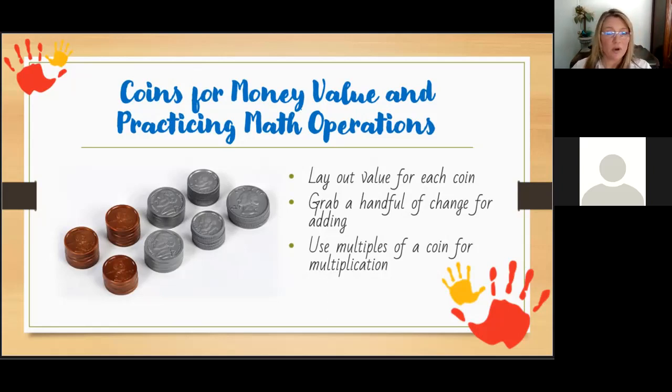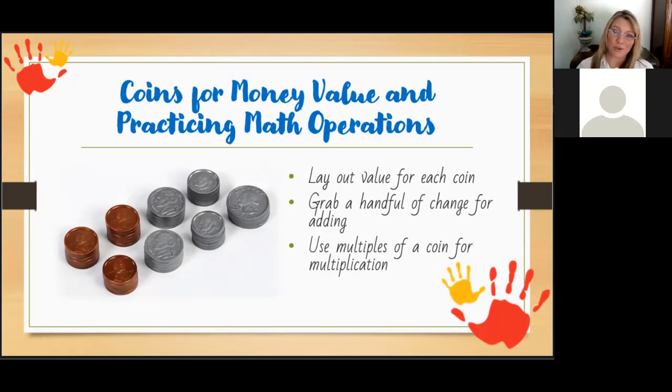So for example, with money, this is great for working with the simple value of money. You can pair that with the unit cubes and 10 rods, 100 flats for showing the values.